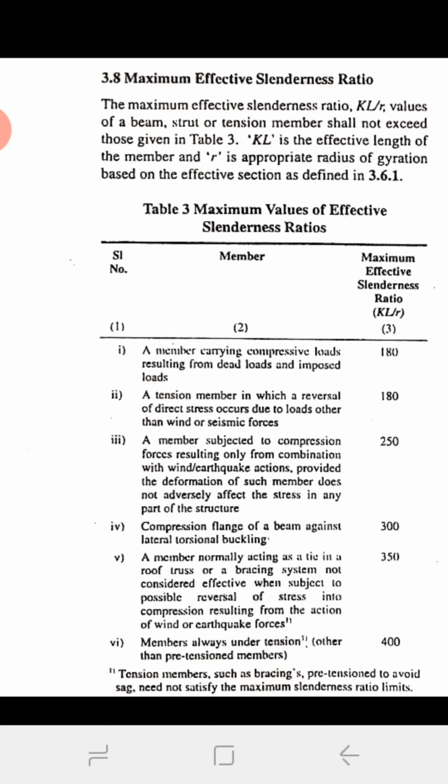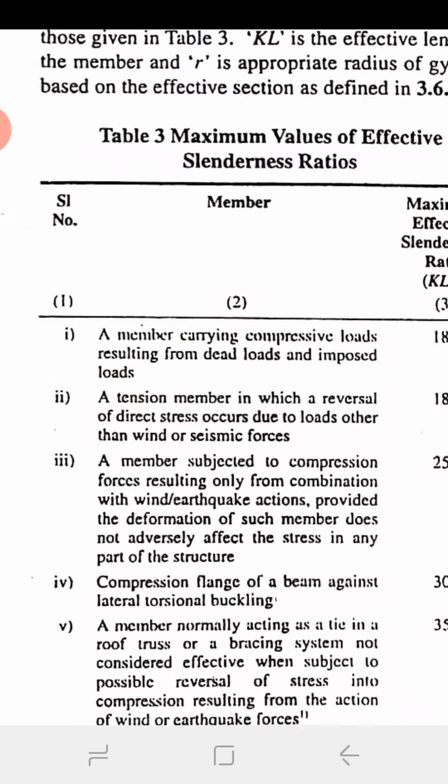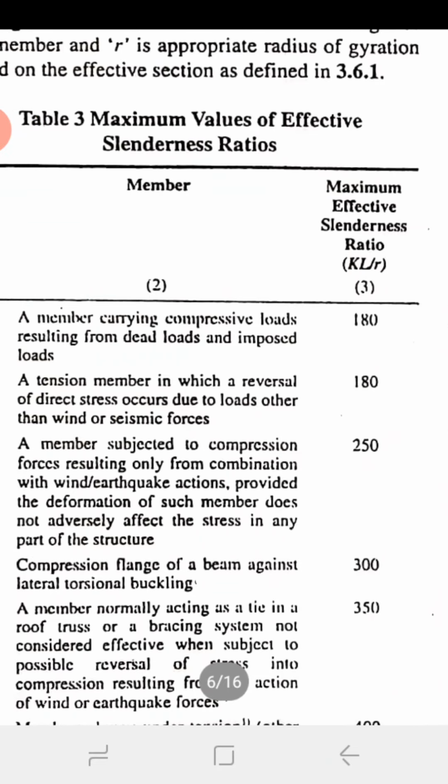So in Table number 3, some values are given for the maximum effective slenderness ratio. Here they mentioned a member carrying compressive loads resulting from dead loads and imposed loads, that is 180, that is for compression.